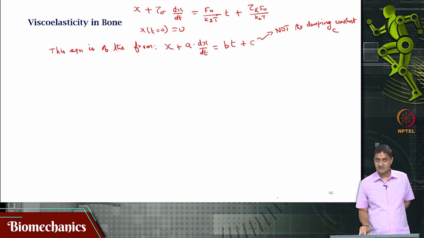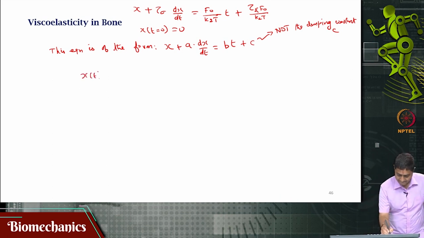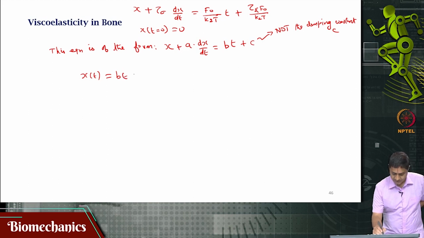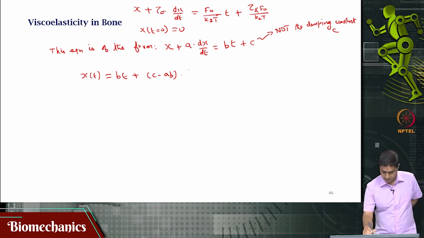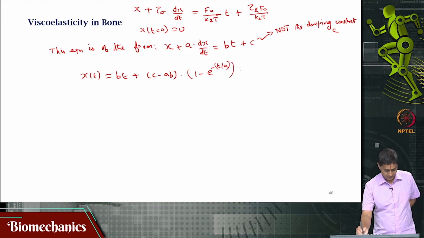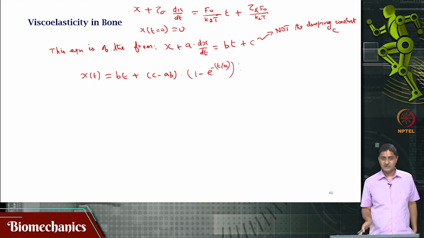This has the solution x of t is bt plus c minus ab times 1 minus e power minus t by a. This is the solution. How do I know this? From my knowledge of differential equations.